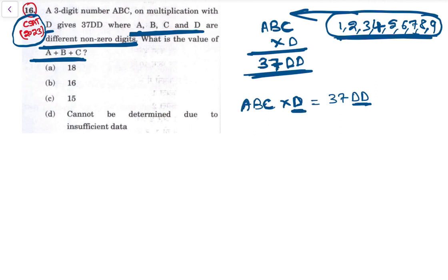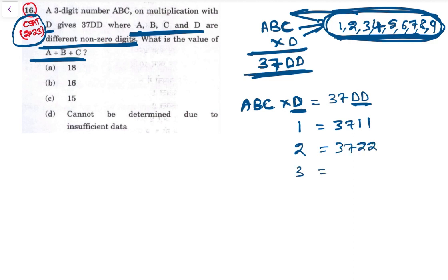One number you can think of is 3700 and something, but 0 is not possible, since these are non-zero digits. So the number can be, if we take D as 1, then the number has to be 3711. If we take D as 2, then the number has to be 3722.